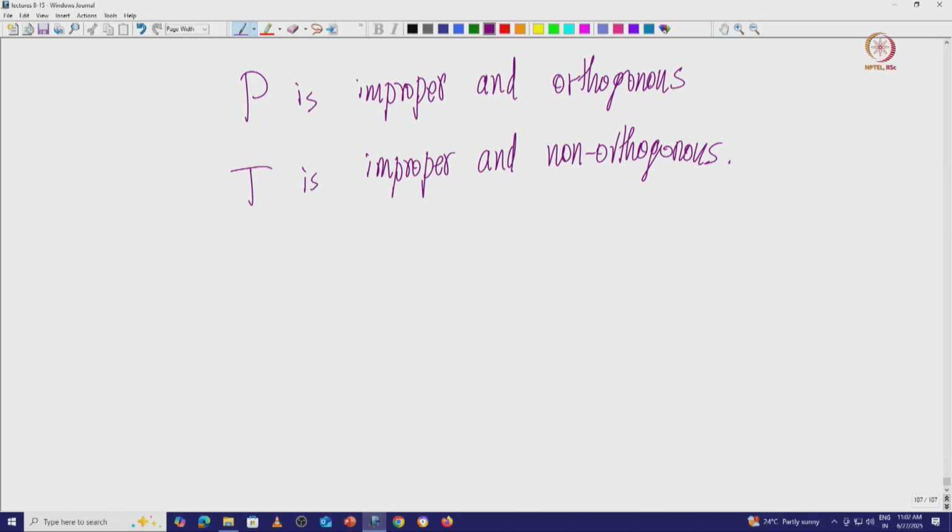So any Lorentz transformation can be either proper or improper, and orthochronous or non-orthochronous.